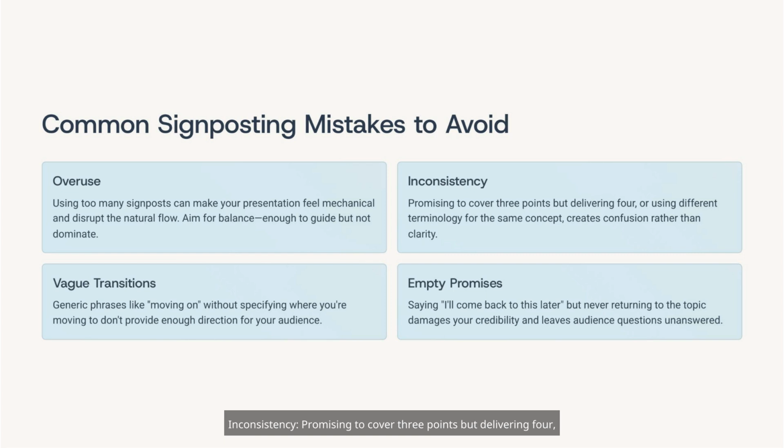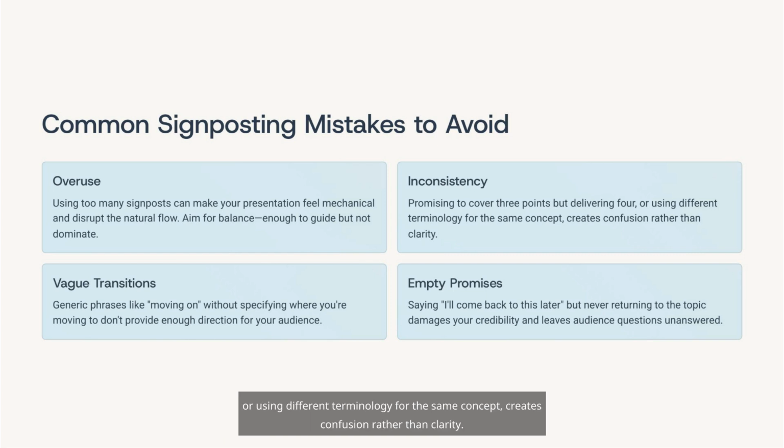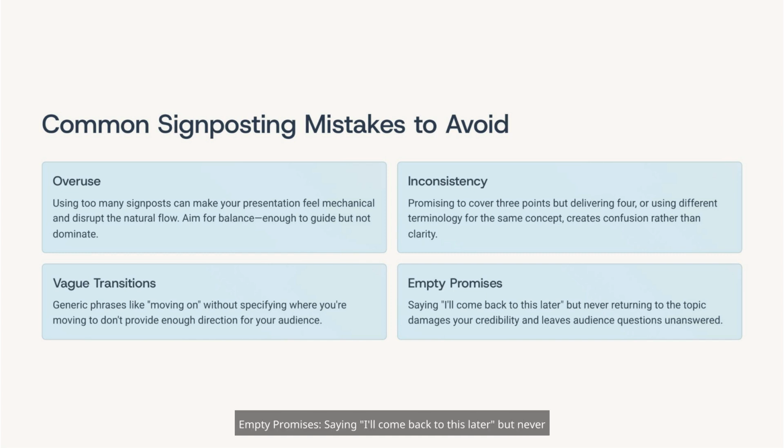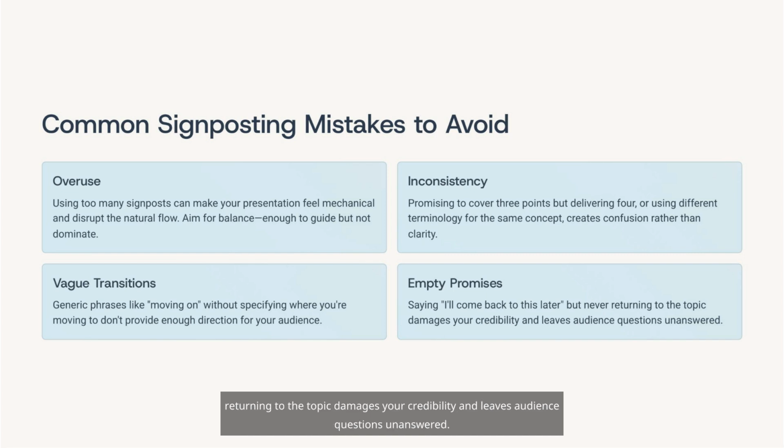Inconsistency: promising to cover 3 points but delivering 4, or using different terminology for the same concept, creates confusion rather than clarity. Vague transitions: generic phrases like moving on without specifying where you're moving to don't provide enough direction for your audience. Empty promises: saying, I'll come back to this later, but never returning to the topic damages your credibility and leaves audience questions unanswered.